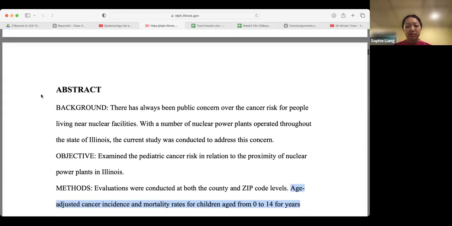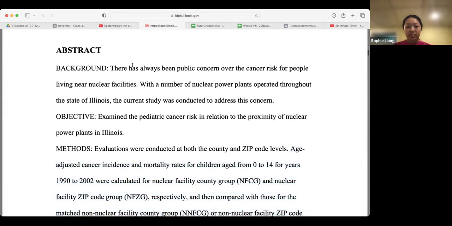Let's see. So their objective was to examine the pediatric cancer risk in relation to the proximity of nuclear power plants in Illinois. So I say this is more descriptive because it's their likelihood of getting cancer, which is based on who, what, where, and when.